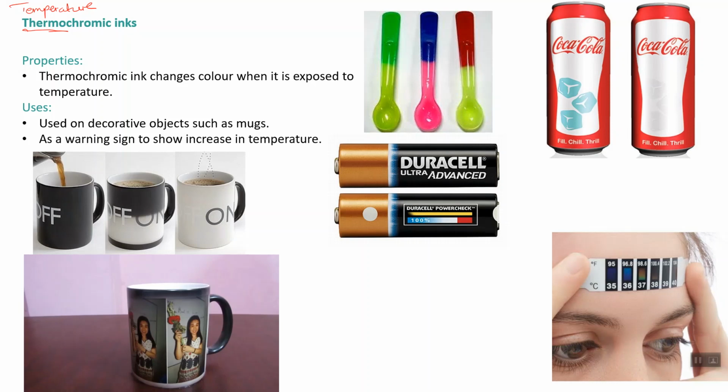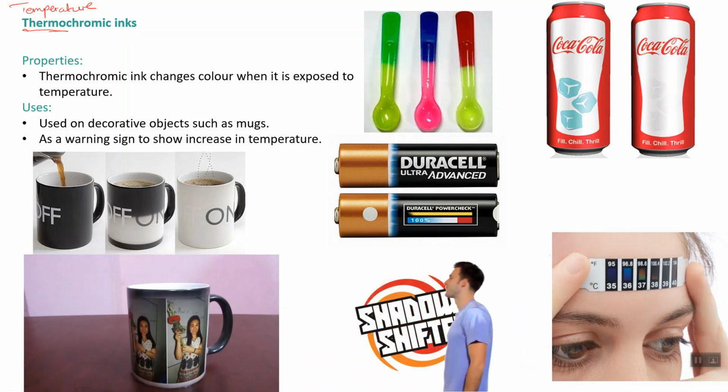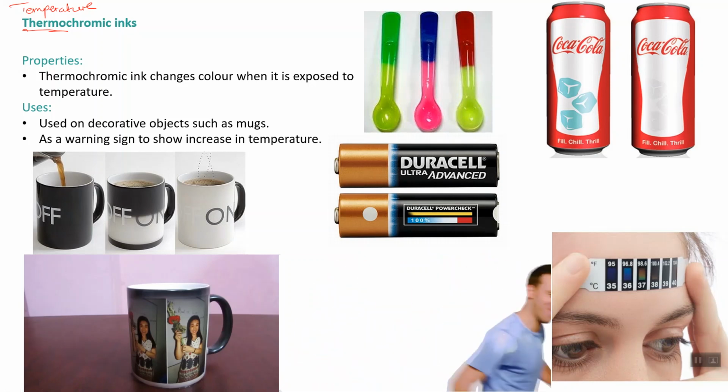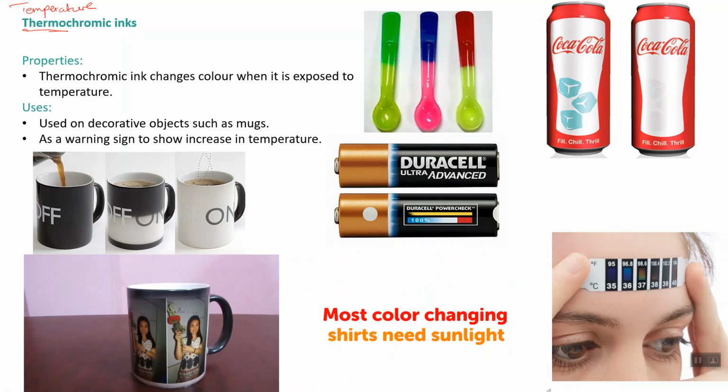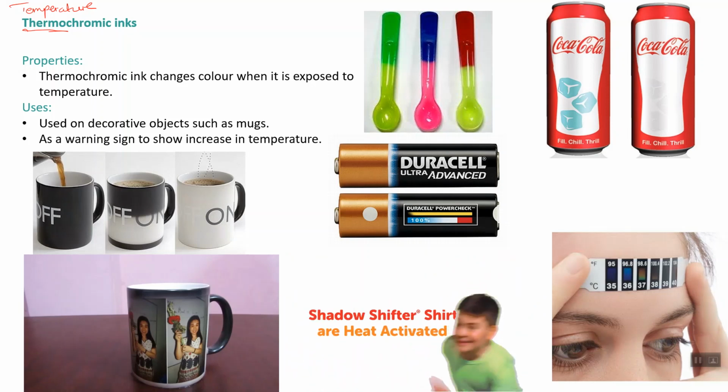Okay, in some cases we have also thermochromic inks used on t-shirts. For example, funny t-shirts that change temperature when we touch it. So the temperature of the body, of the hand, for example, changes the color of the linen of the clothes.